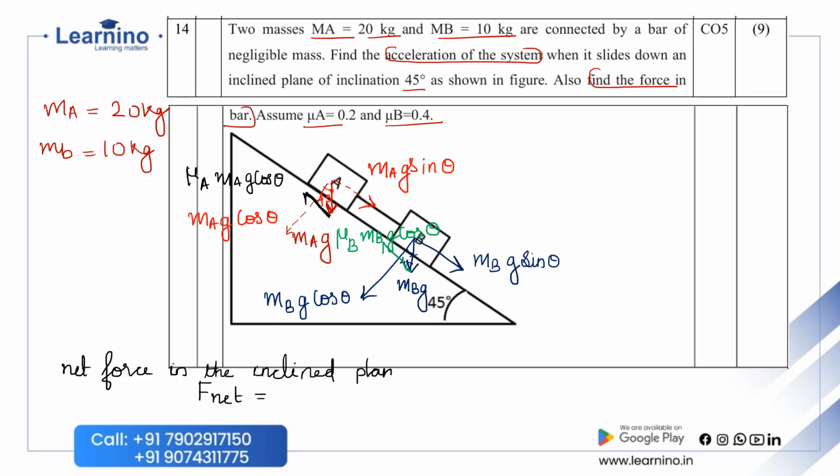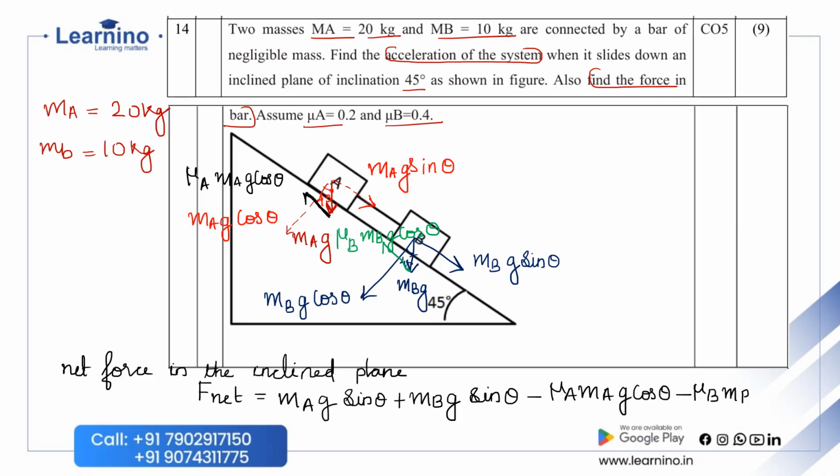Net force in the inclined plane is MA G sin theta plus MB G sin theta minus mu A MA G cos theta minus mu B MB G cos theta. This is our net force.